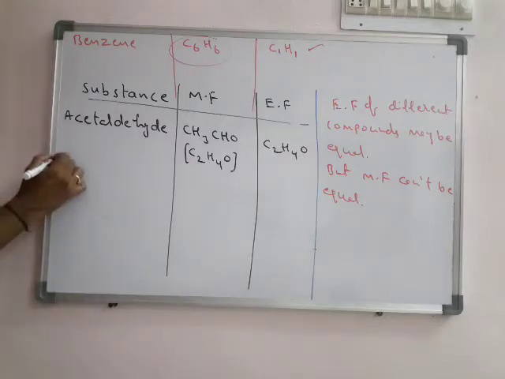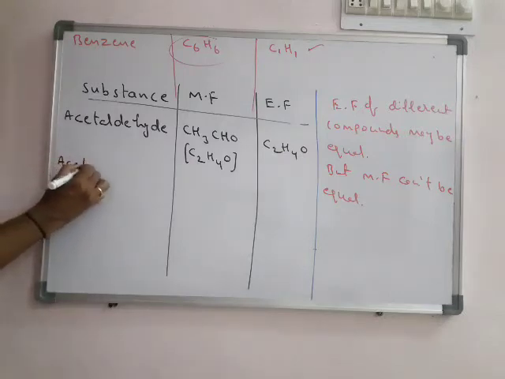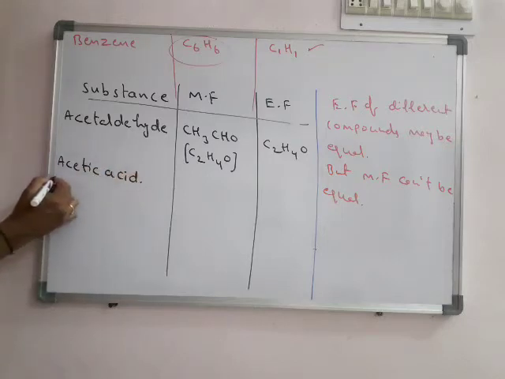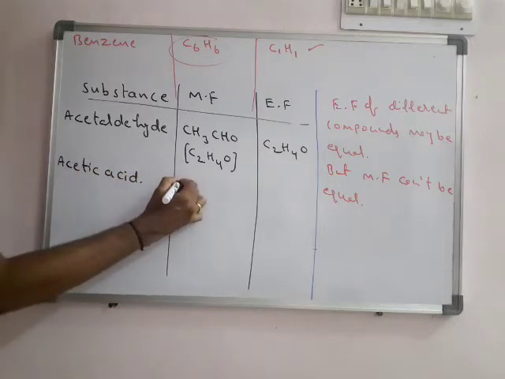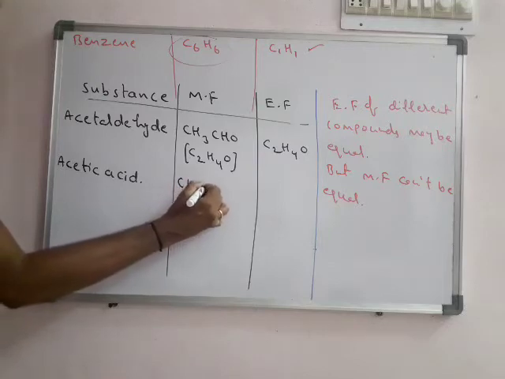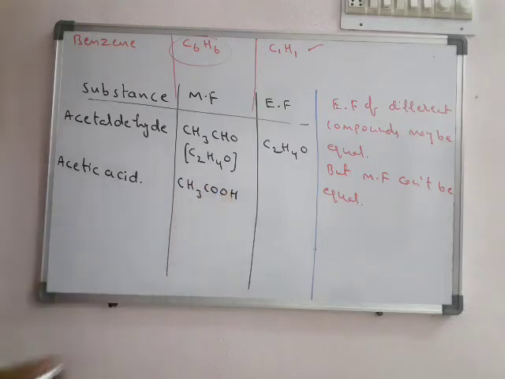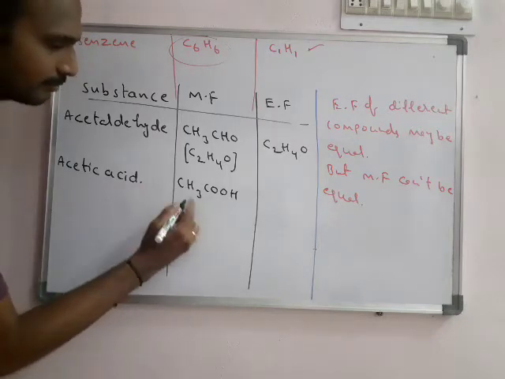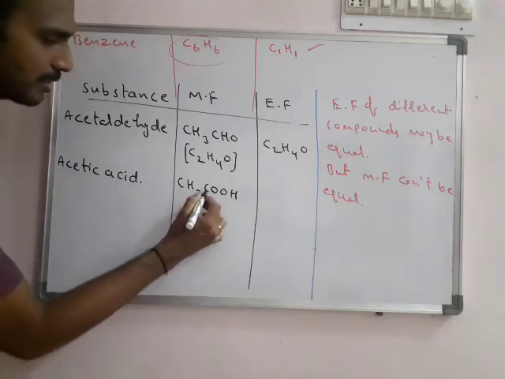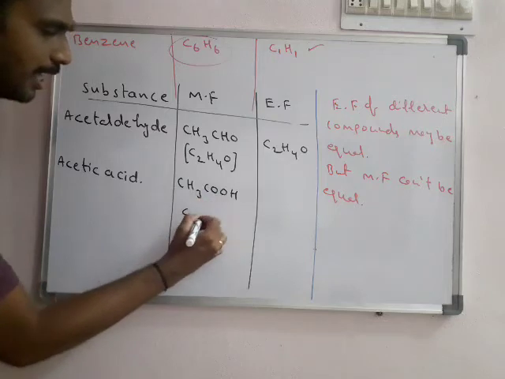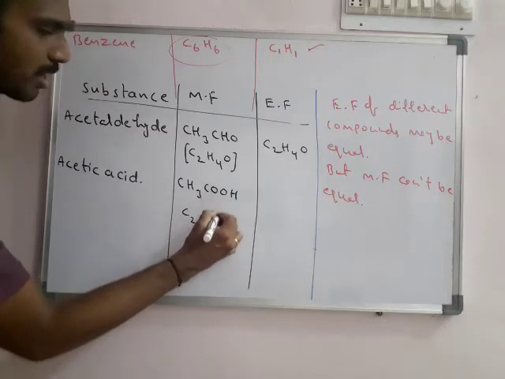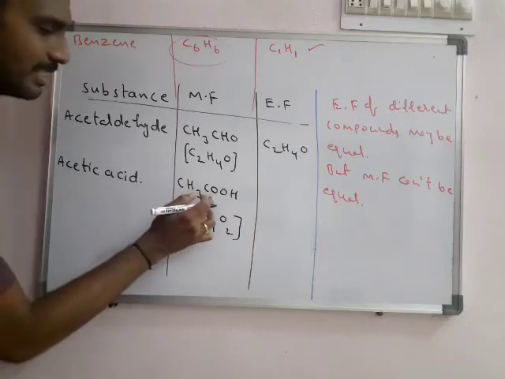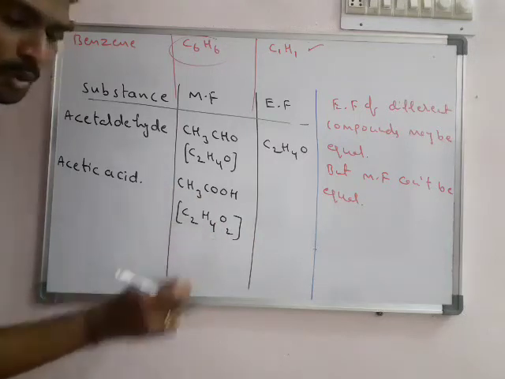Okay, next, if you take another compound, acetic acid. You know the acetic acid formula, CH3COOH. Normally we can write the number of carbons, 2 carbons, 4 hydrogens, and how many oxygens? 2. So its formula is CH3COOH or C2H4O2.